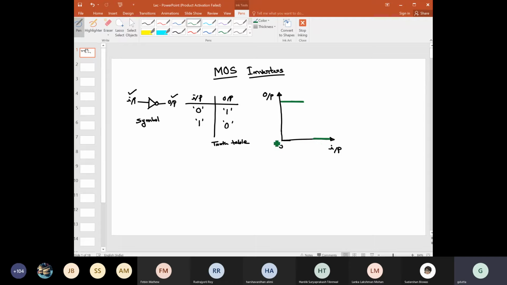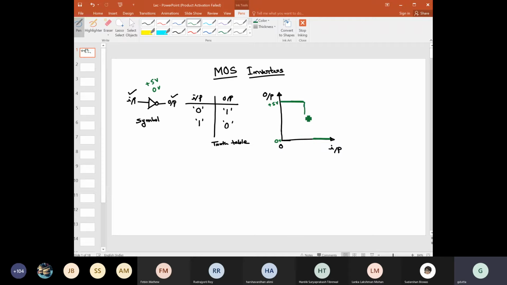Logic 0 for an ideal inverter should be the minimum voltage available in that particular circuit. For example, if you are considering plus 5 volt as the maximum voltage and ground or 0 volt as the minimum voltage, then you can expect that this will be plus 5 volt and this level is expected to be 0 volt, right? And what will happen in between? In between, if it is an ideal inverter, the change between logic 1 and logic 0 is expected to be abrupt.